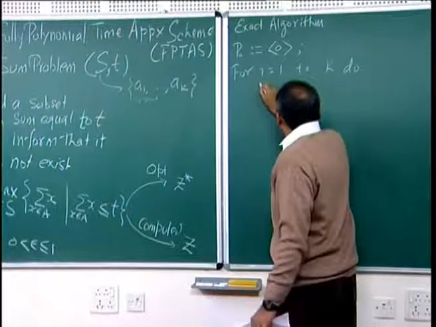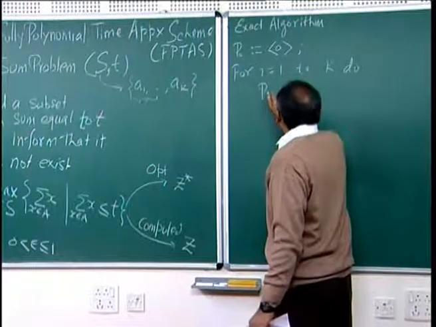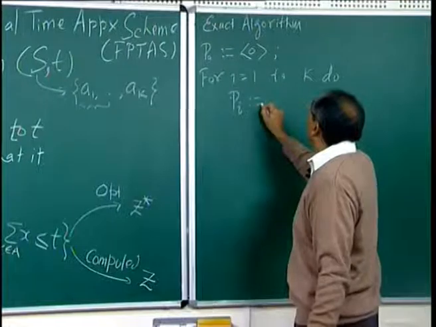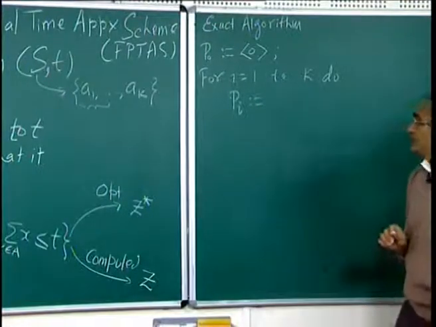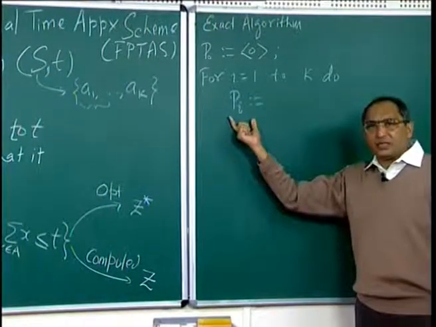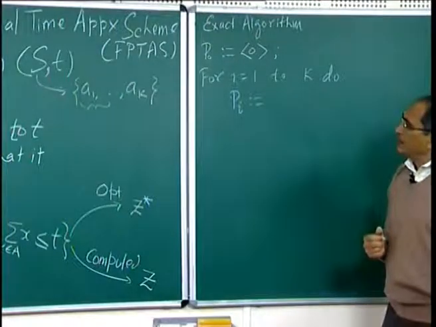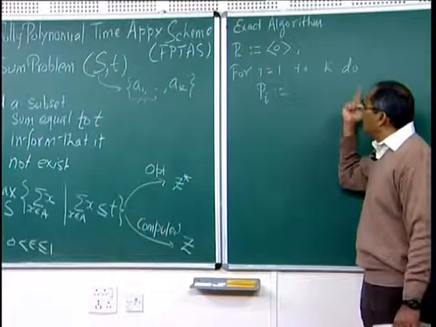So, Pi will contain everything that Pi minus 1 contains, and then we will also add ai to them.